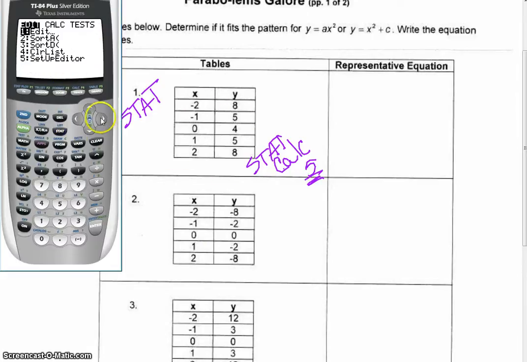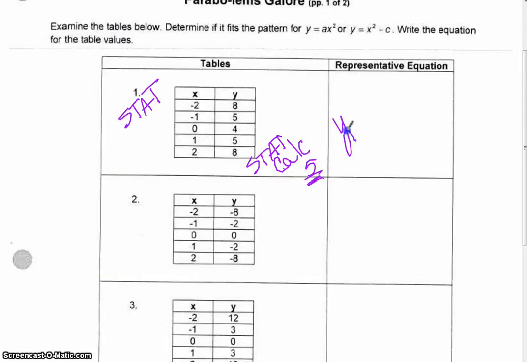Now I go back to stat, I go over to calc, and I choose number 5. It should say quadratic regression because we're doing quadratics. Now enter. The number with a goes with x squared, the number with b goes with x, and the number with c goes as a constant. Ignore the r squared. So y is equal to x squared plus 4.